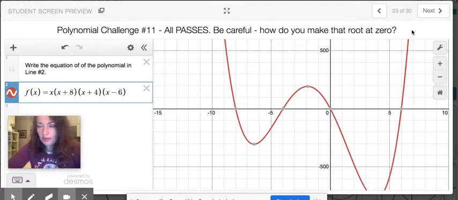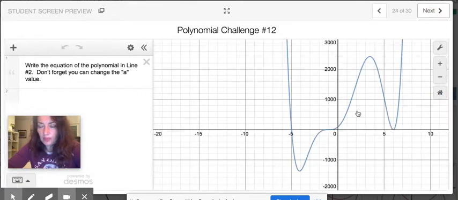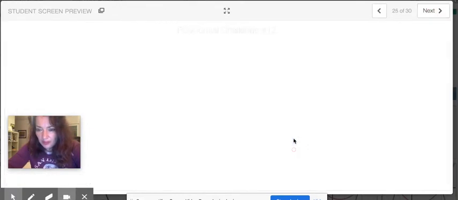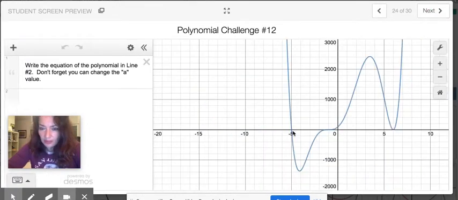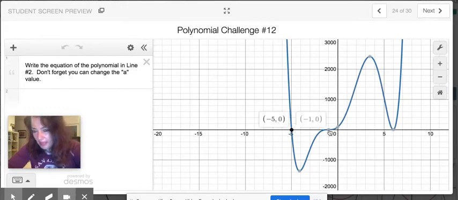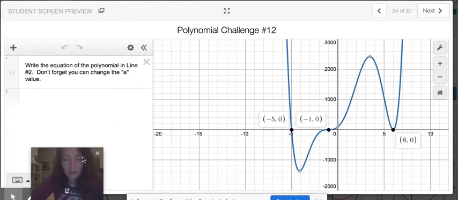Okay, let's go ahead to slide 24. In this case, we have a pass at the point -5, 0, a bend at -1, 0, and then a bounce at 6, 0. So let's go ahead and write that equation, and we may have to change the a value. So let's take a look how we would do that.